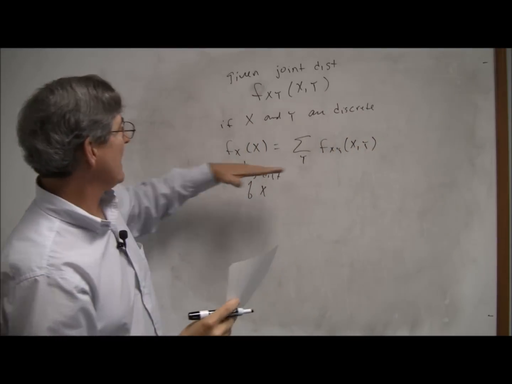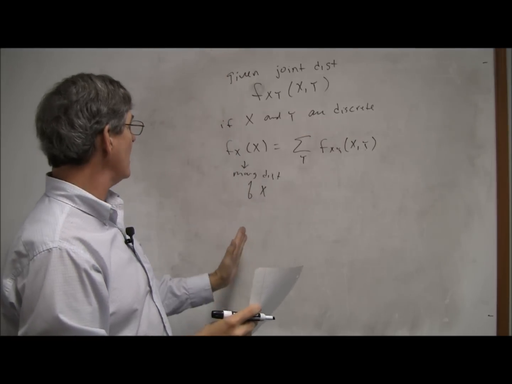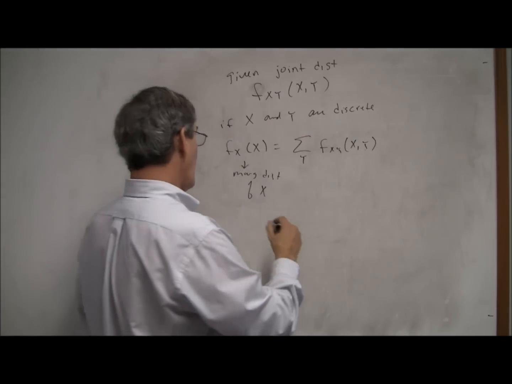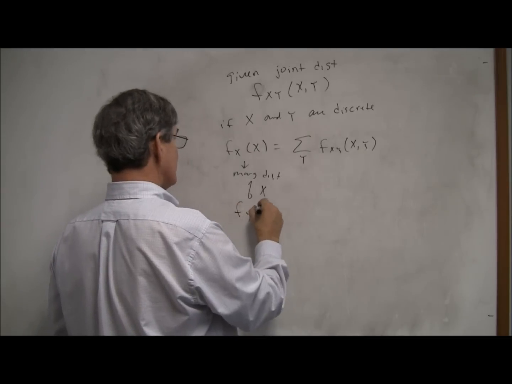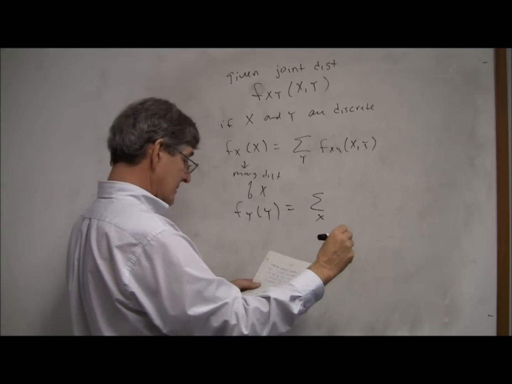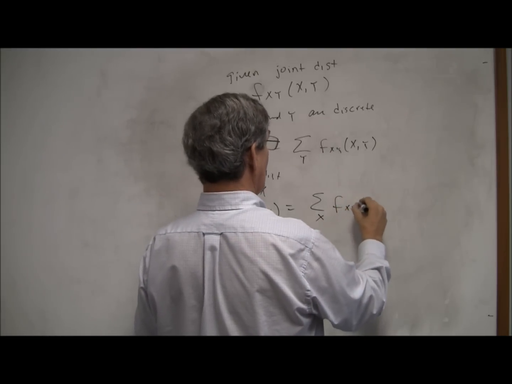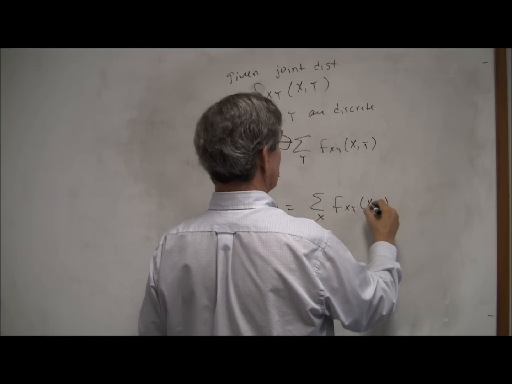So we just sum like we did in the example. We sum across a row or down a column. And fy of y, the marginal distribution of y, is the sum over the x values of the f of x,y of x and y.